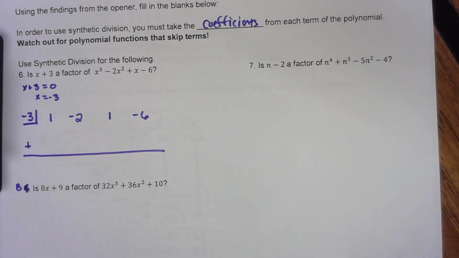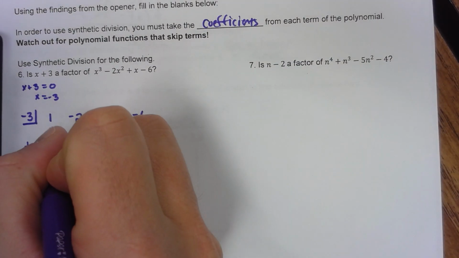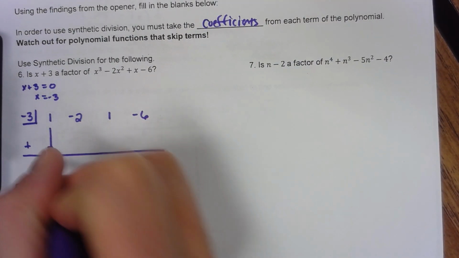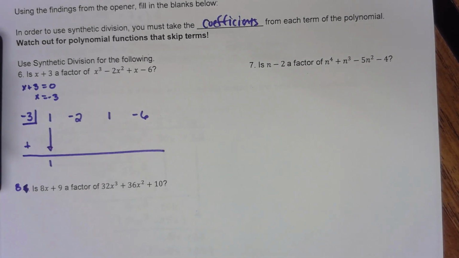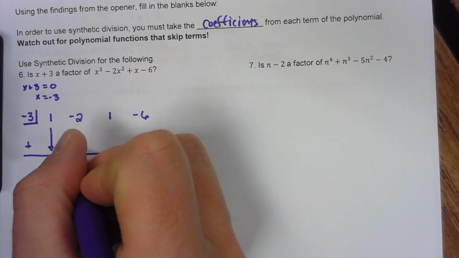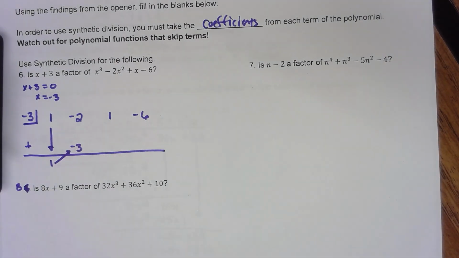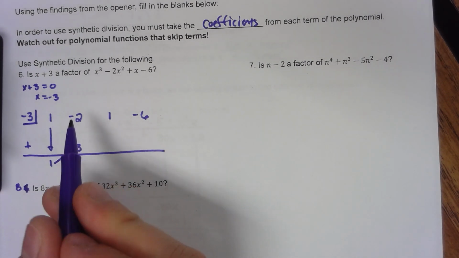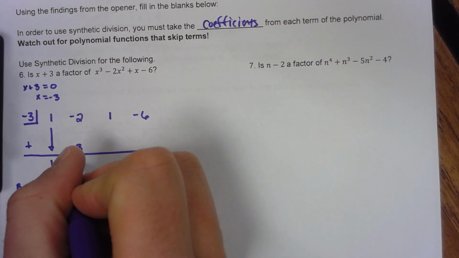And now we have our addition bar. The first thing we do is bring down this 1. Again, that stays the same 100% of the time. You will never start any different way. You always bring down that first coefficient. Then we'll take this number and multiply it by the number in the chair. So 1 times -3 is -3. Then we add: -2 minus 3 is -5.